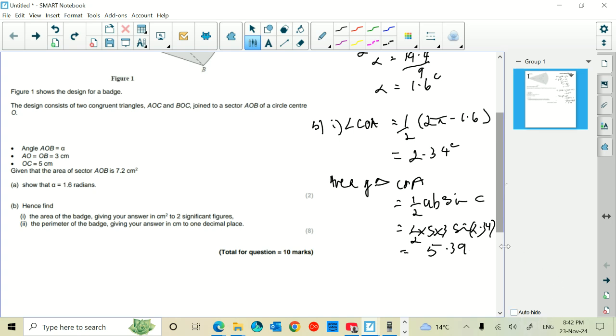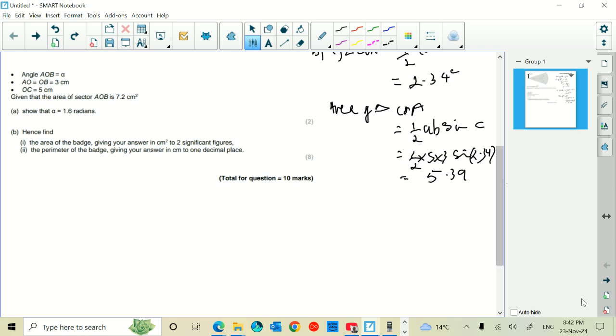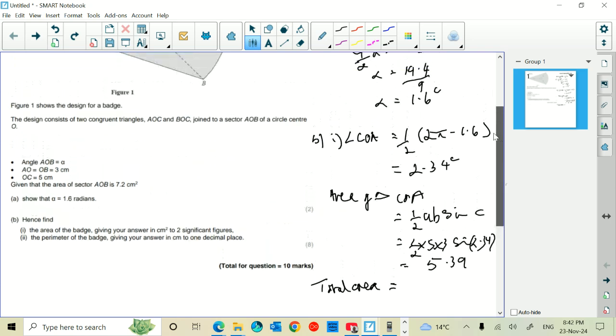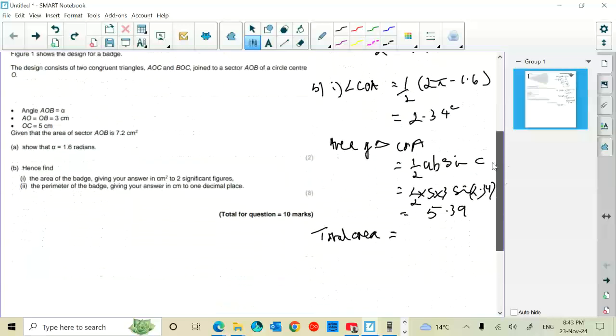Now, continuing on from there, we've now found the area of triangle COA. We need to now know the total area of the badge. So the total area will be equal to, and we have two lots of 5.39s, because we've got two congruent triangles.